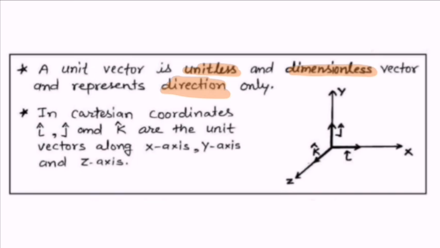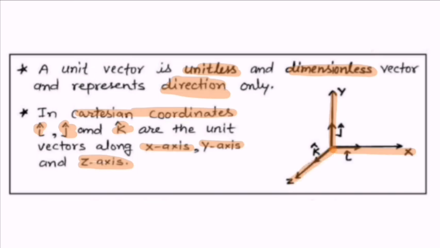In the Cartesian coordinate system, i, j, and k are the unit vectors along the x-axis, y-axis, and z-axis. Means unit vector i must be along the x-axis, unit vector j along the y-axis, and unit vector k must be along the z-axis.